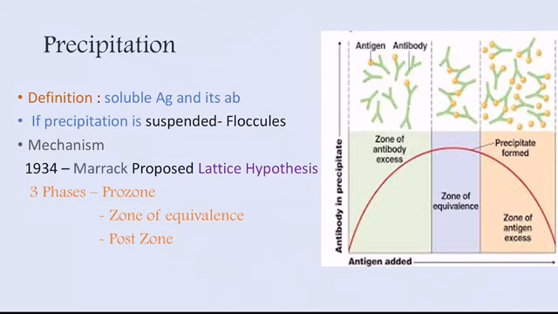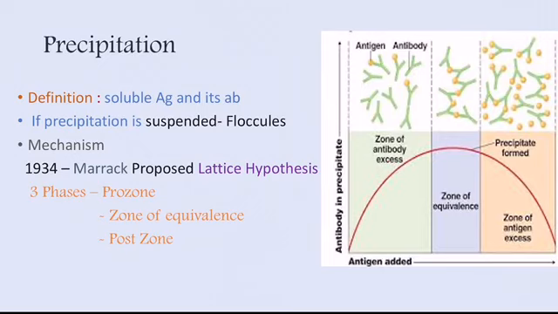When the soluble antigen combines with its antibody, it leads to the formation of an insoluble antigen-antibody complex, an insoluble precipitate. That reaction is called a precipitation reaction.